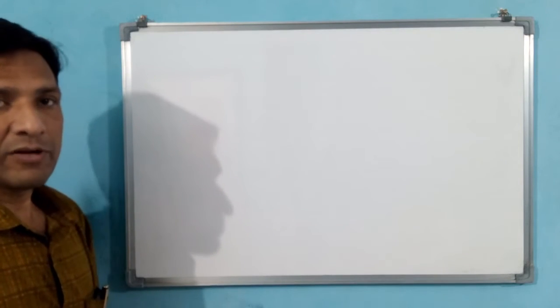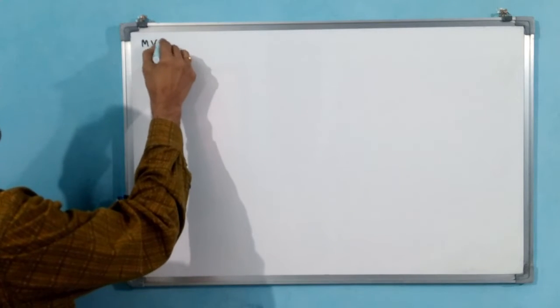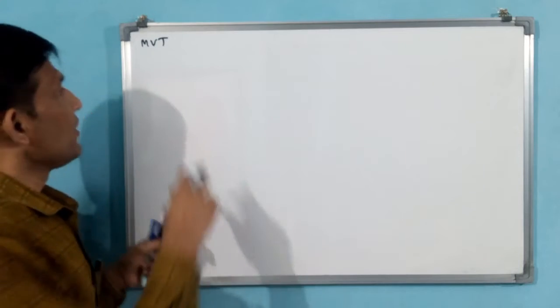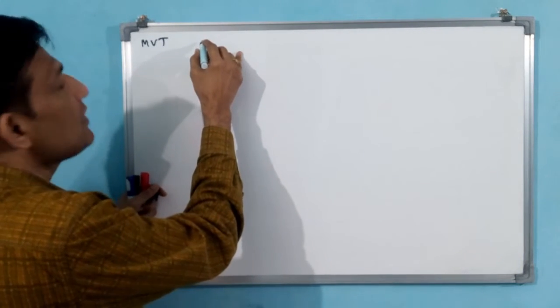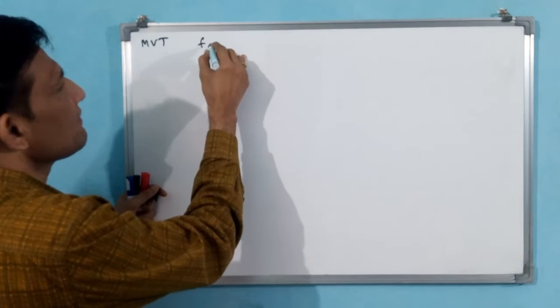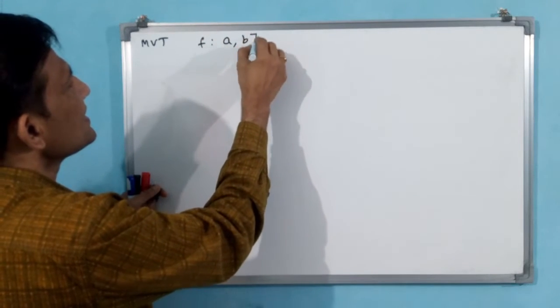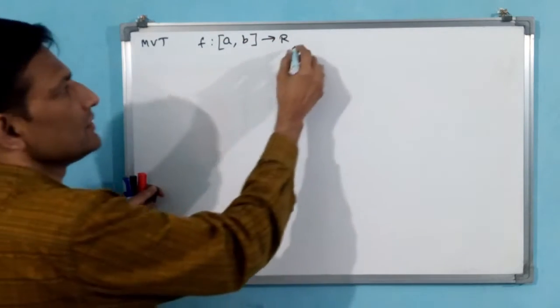Now let us go back to the mean value theorem again. I am writing the mean value theorem again, because from this only we are going to derive that concept. What is the mean value theorem? Some function f should be there, and a real function. This is one condition.